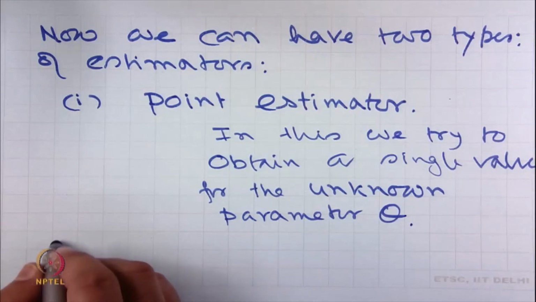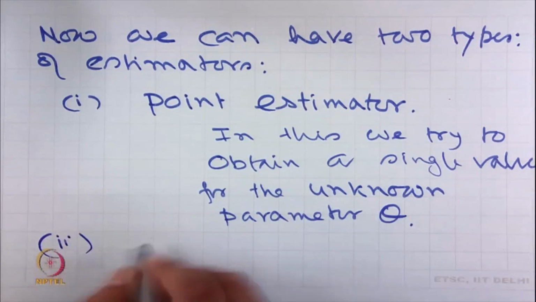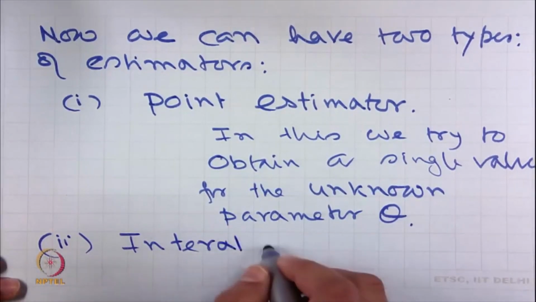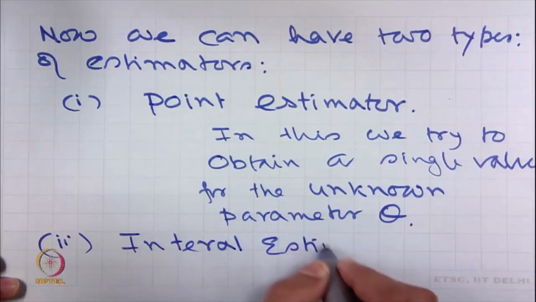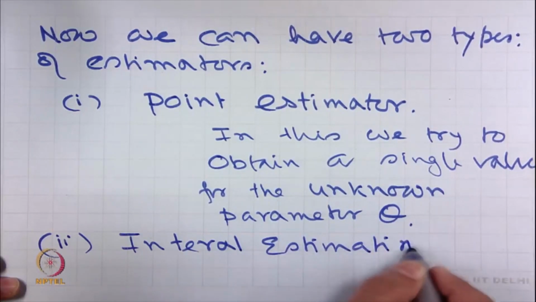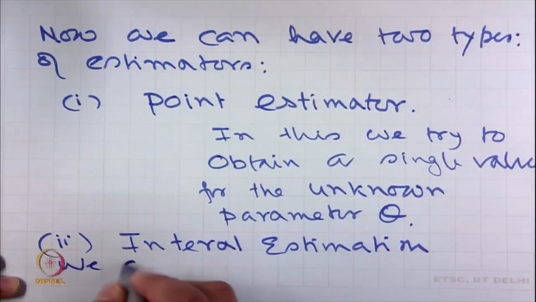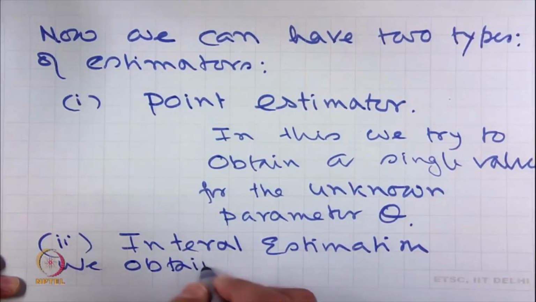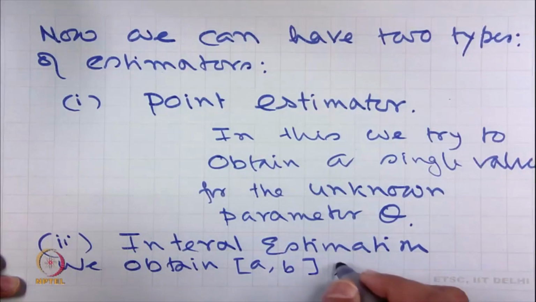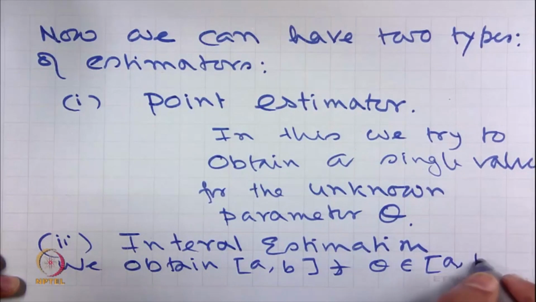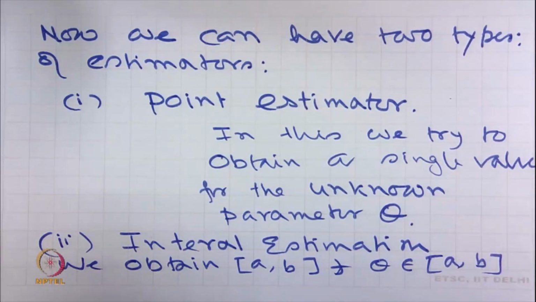And the second one is interval estimation, where we try to obtain an interval such that theta belongs to this interval with a certain degree of confidence.